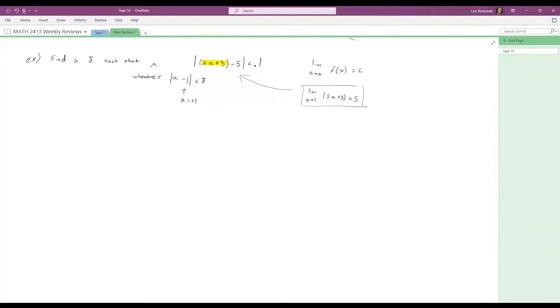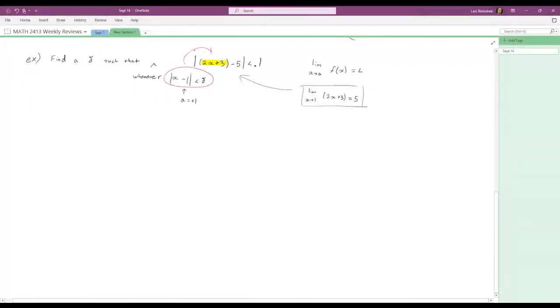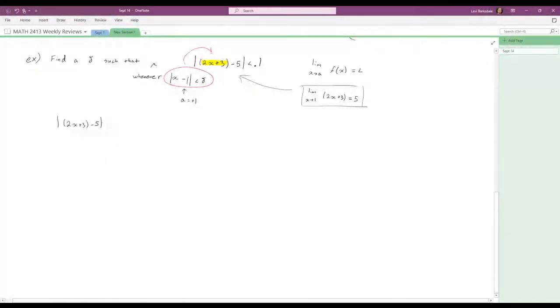Now let's actually work on finding a delta. The big idea here is I want to find some way to substitute this into here. That's how basically every epsilon delta proof is going to go. So let's see what I can do. I'm going to start out saying the absolute value of 2x plus 3 minus 5 is smaller than 0.1. Then I simplify the left hand side.